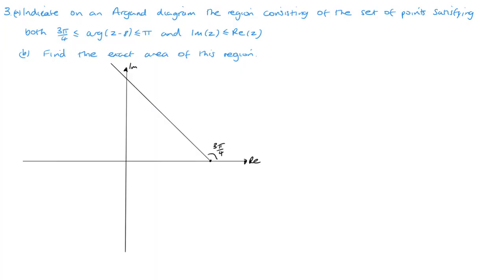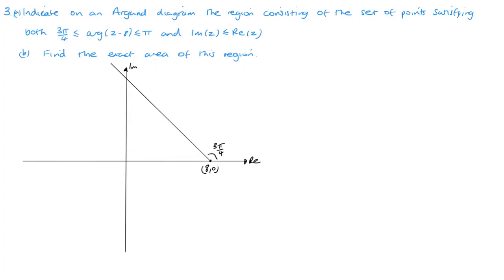And then pi is along here, so this is the region here between this line and this horizontal to my left of my point minus 8, sorry, comma 0. Okay, so also the imaginary part less than or equal to the real part. So before we go on, this is the area that I'm currently looking at.